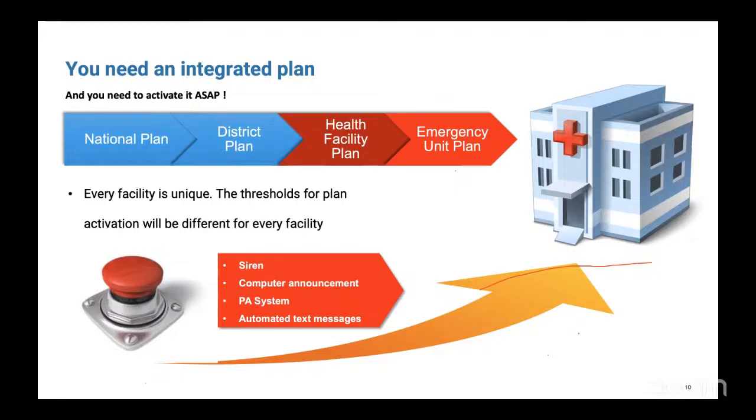But many times we know that the usual communication systems, like telephones and electricity, might not be active at that time. Like right now during the war, this Operation Sindoor, the first thing that happened is the siren is on and the light is gone. Siren is on, light is gone. So it is a very difficult scenario. So your MCM should have a way to communicate to your people, whatever you think is suitable at that point of time.